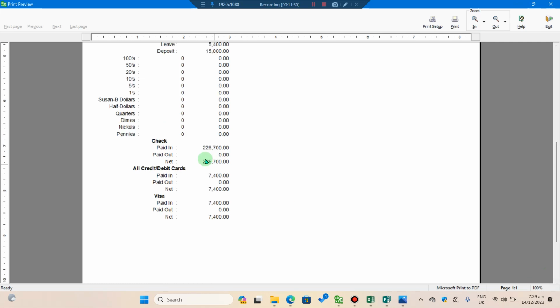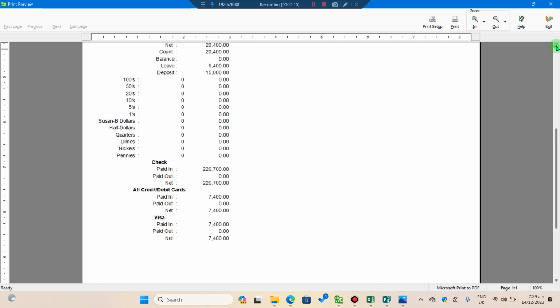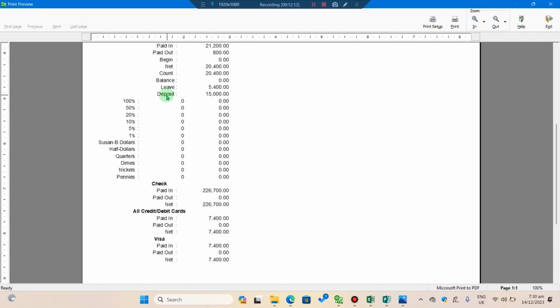The rest of the cash inapita as a check. So you see here there is check. We have 226,700, and we have visa of 7,400. So I think my sales ambiri anali a cashless for this day. Now we expect we should have a deposit slip of 15,000.